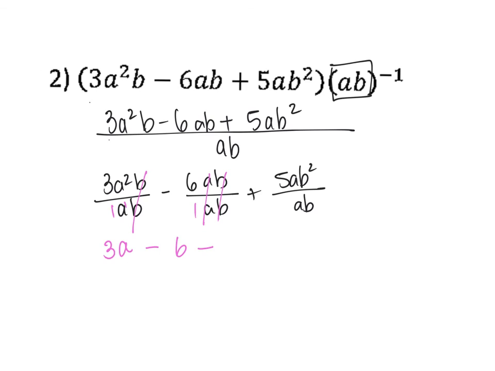And then 5 divided by 1 is just 5, and the A's cancel. B has a square on the top and just 1 on the bottom, so 2 minus 1 is just B, right? B to the first power. So this is it.